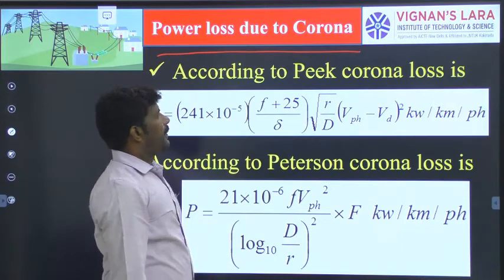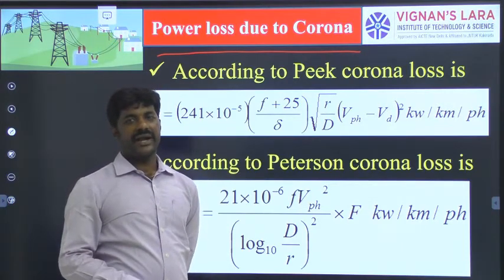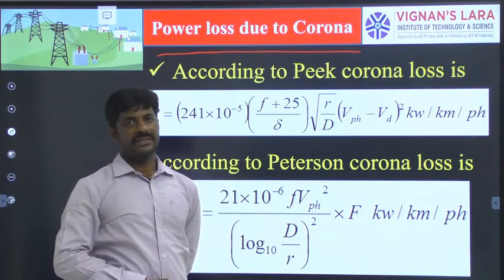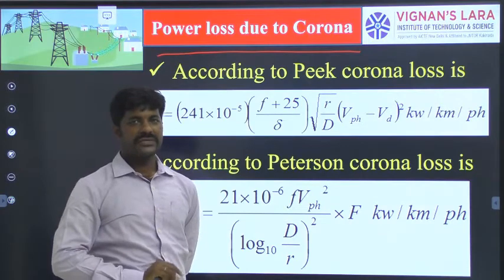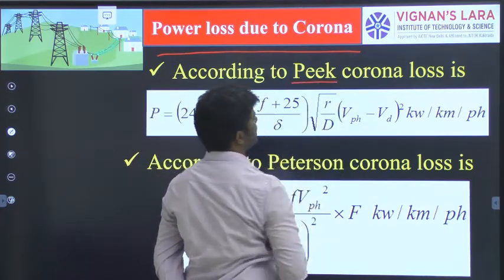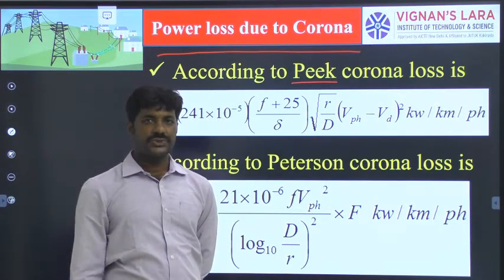The scientists did their research work in finding out the magnitude of the power loss by conducting some experiments in the laboratory. One of the scientists, called Peek, conducted the experimentation and found an empirical formula for the power loss due to corona.